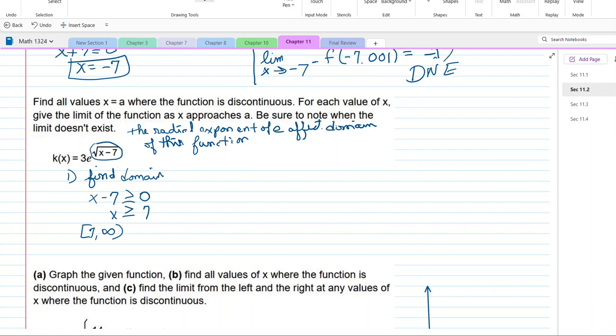Parentheses 7 to infinity, because we do not include 7 as a limit. That's the starting point. And there has to be a reference to the left and to the right to have that limit exist.